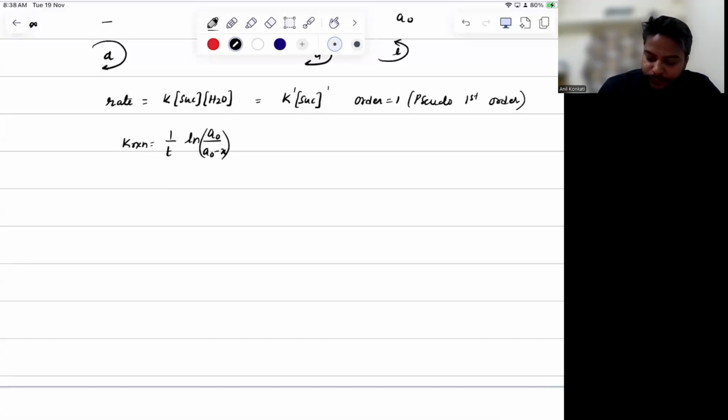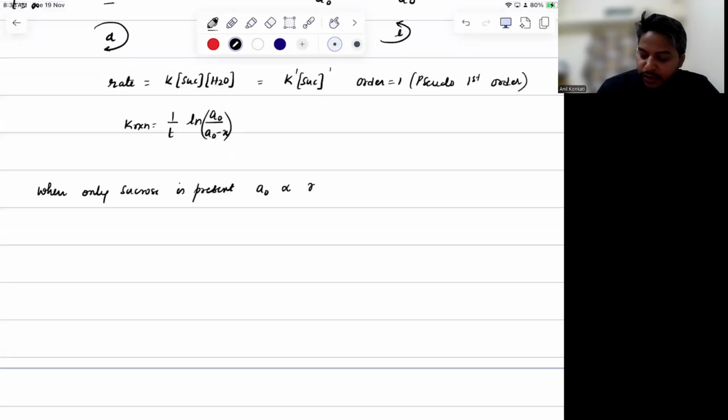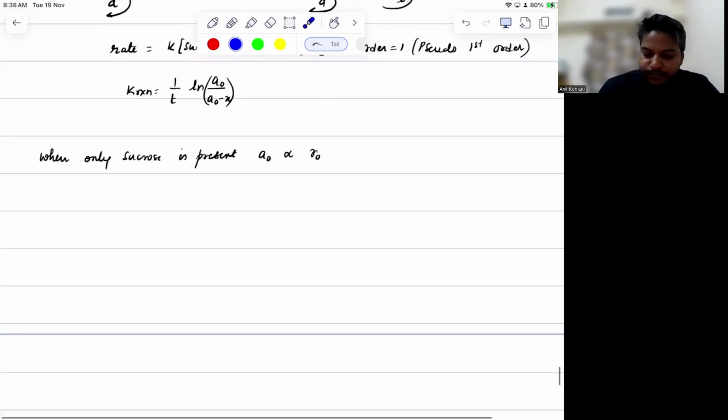Initially, when only sucrose is present, then number of moles is A naught and it is directly proportional to the rotation R naught. Rotation is only because of sucrose. Angle of rotation on polarimeter is only because of sucrose.